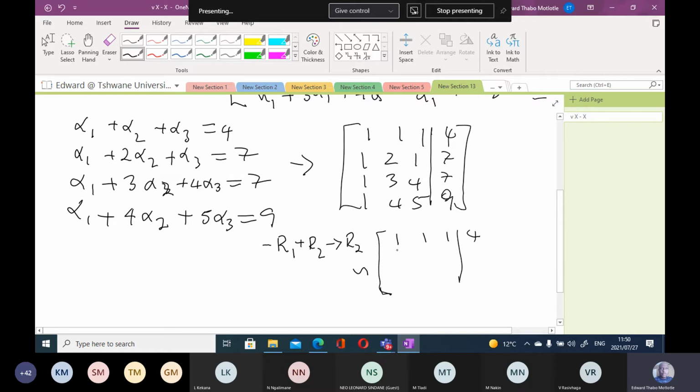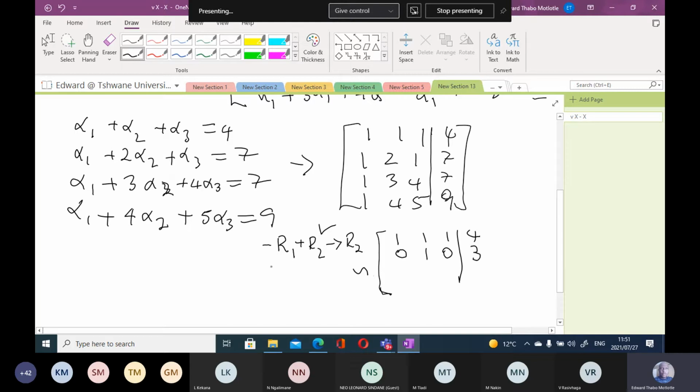For this one, it will be 0, 1, and 0, and 3. I just use this operation here. It is going to give me 1 minus 1 is 0, minus 1 plus 2 is 1, minus 1 and 1 is 0, minus 4 and 7 is 3.